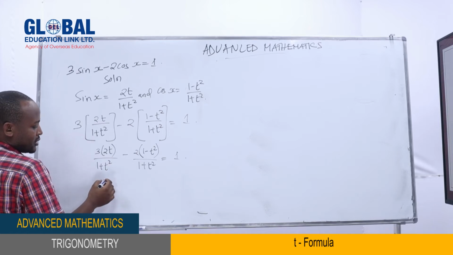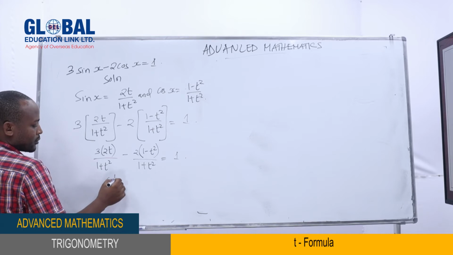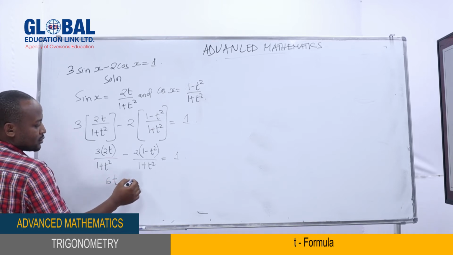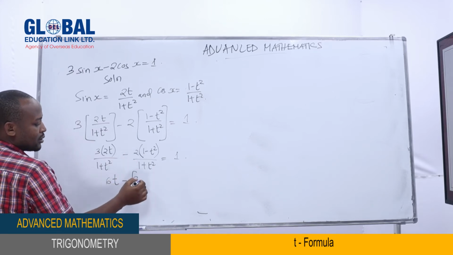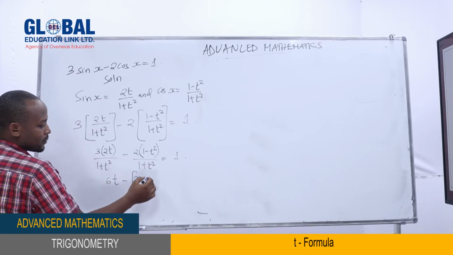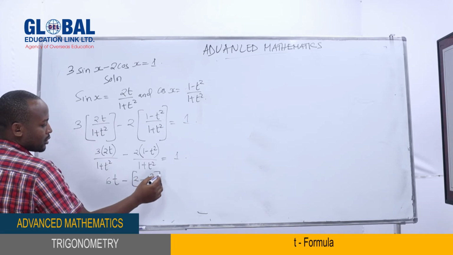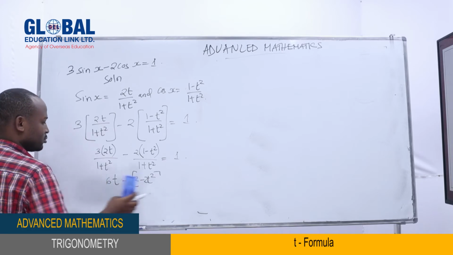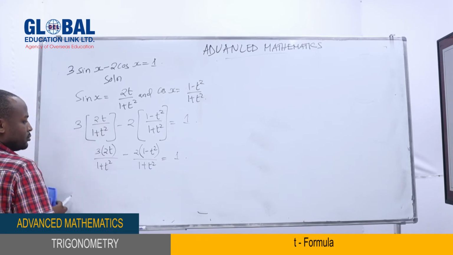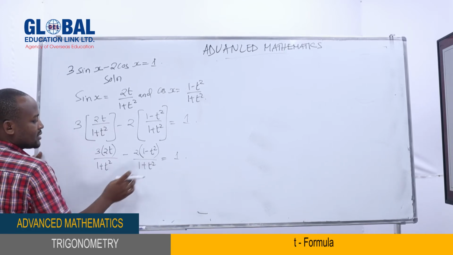Now let's add the fractions. That is to say, we're going to have 6t minus 2 times 1 minus t square. Now let's simplify that.